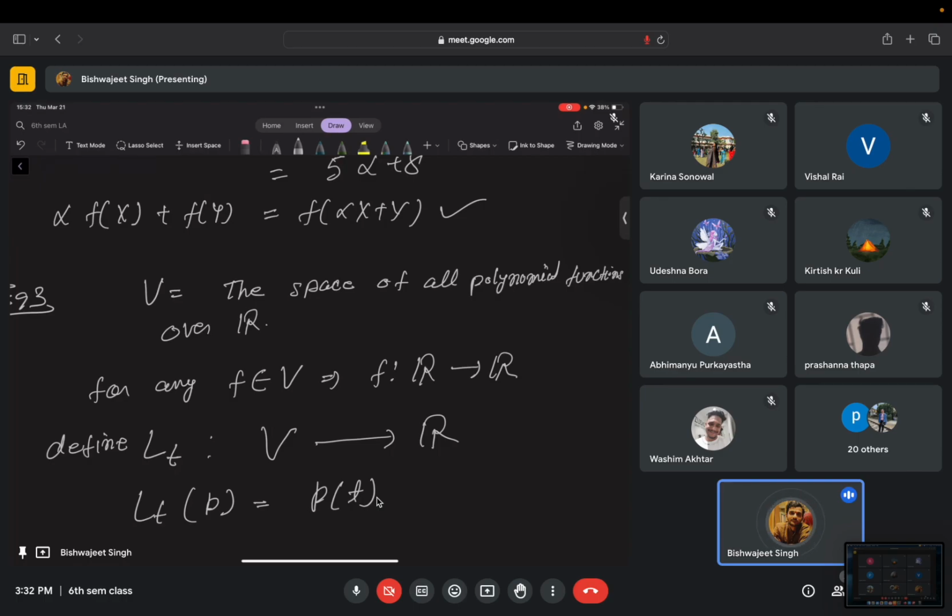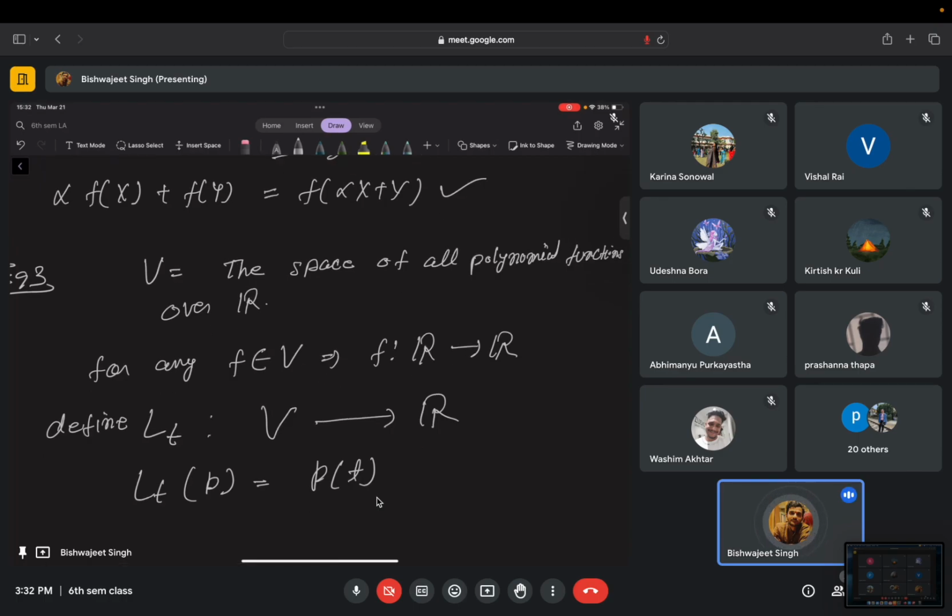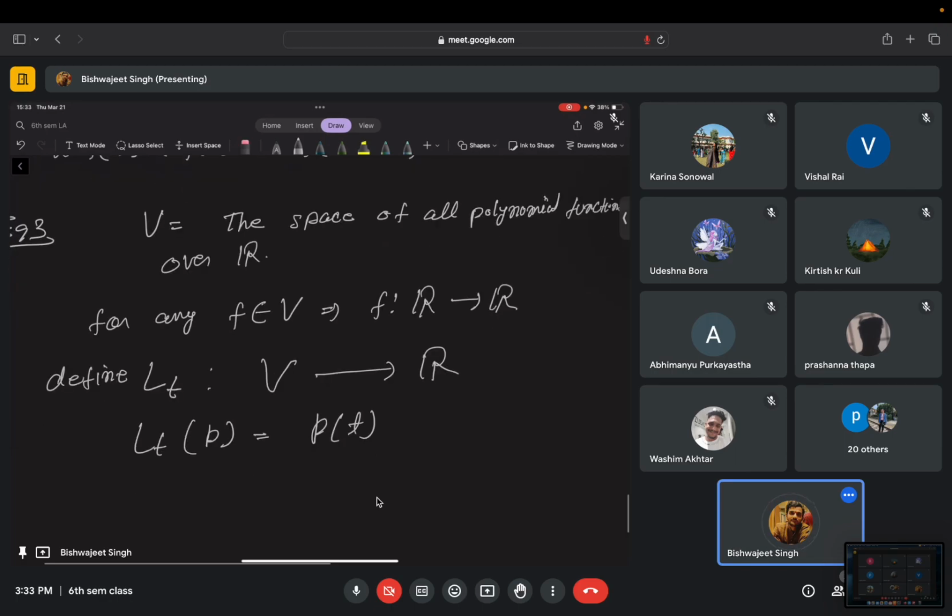So what does V contain? V contains all the real polynomials, whose coefficients are in R, and when we calculate the polynomial value, it is again going to be in R, right?